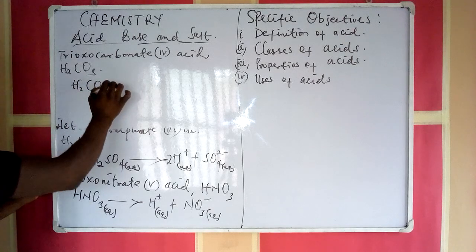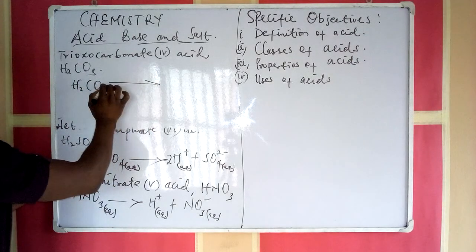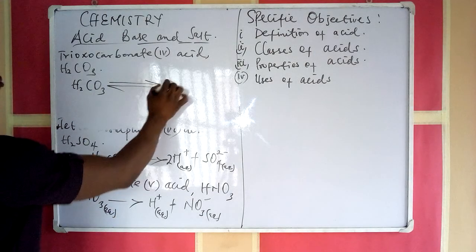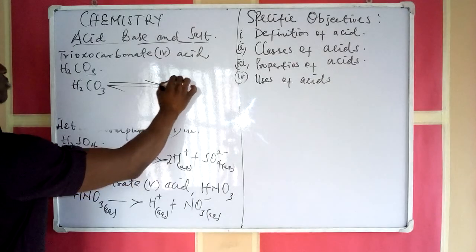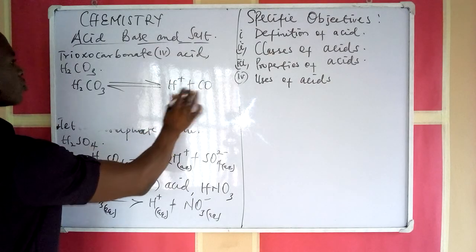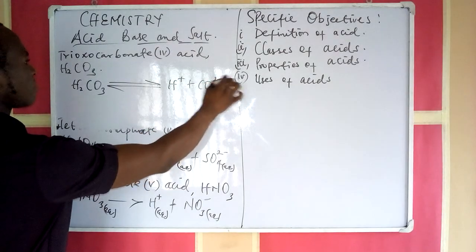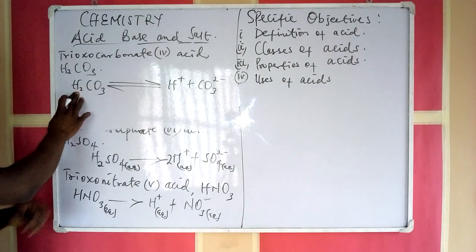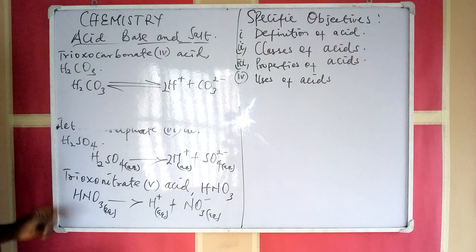H2CO3, when it ionizes partially, gives H plus and CO3 2 minus. You check the balancing. We have 2 atoms of hydrogen here, so we should have 2 here.